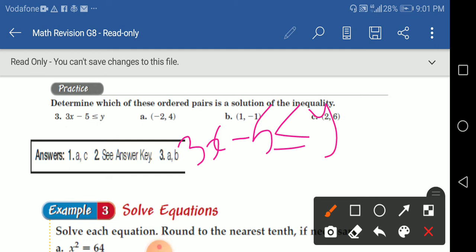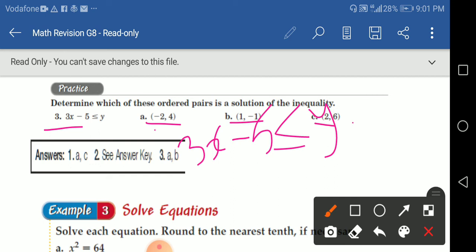So what do you think, guys? These are the options. We got 3x minus 5 less than or equal to y. Where are the two points that I got?